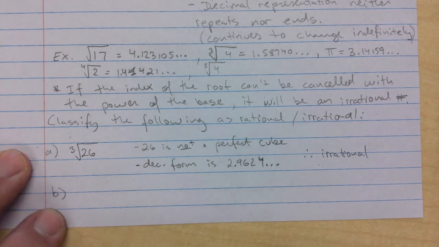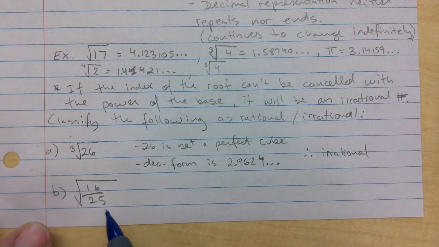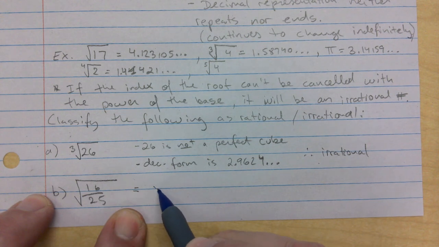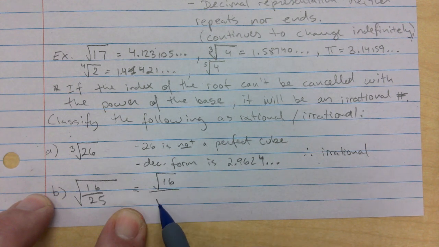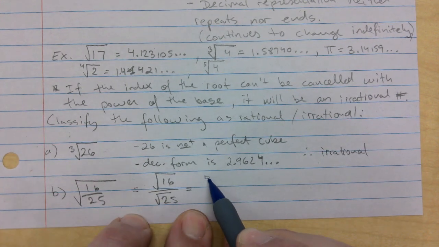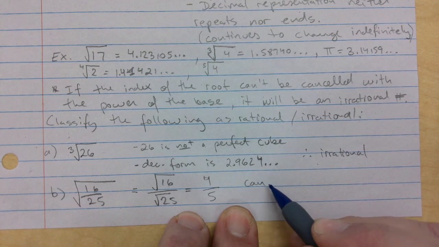Okay, B, how about square root of 16 over 25? You can actually take the square root of 16 and the square root of 25 separately like that, and that is 4 over 5. Can be written as a fraction.